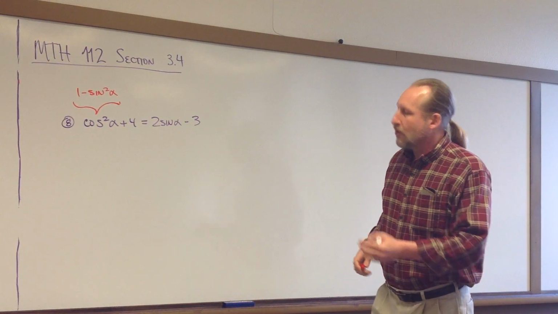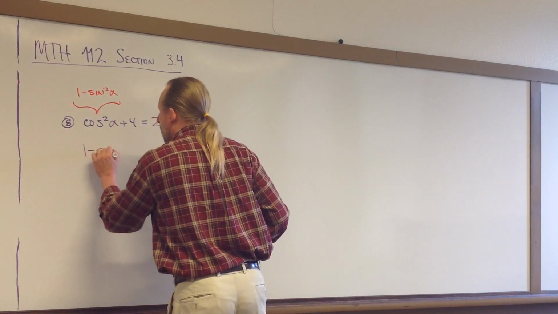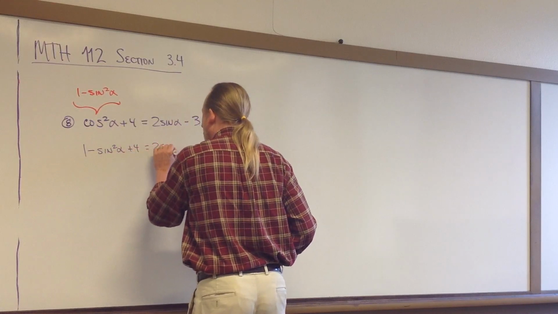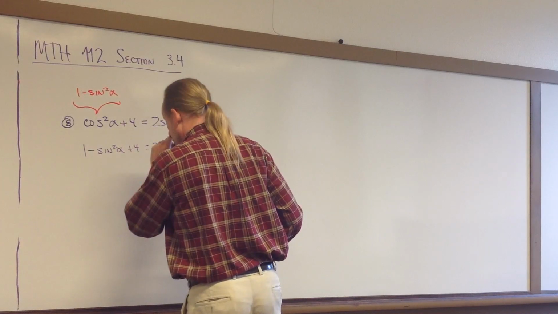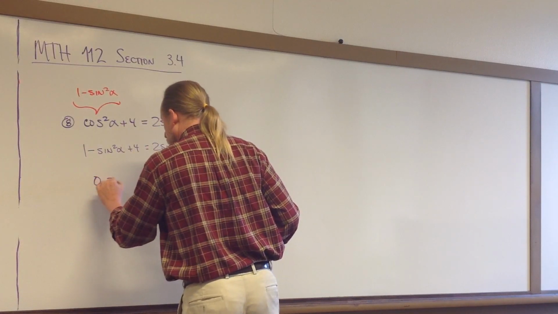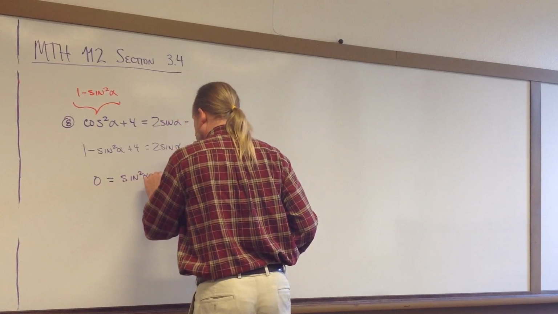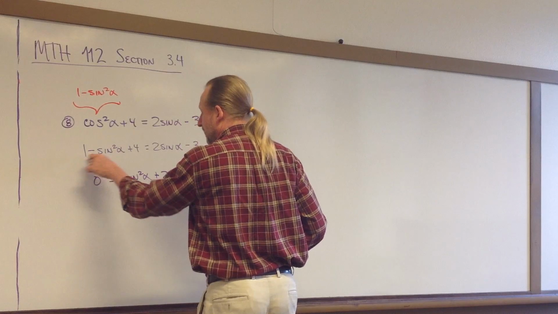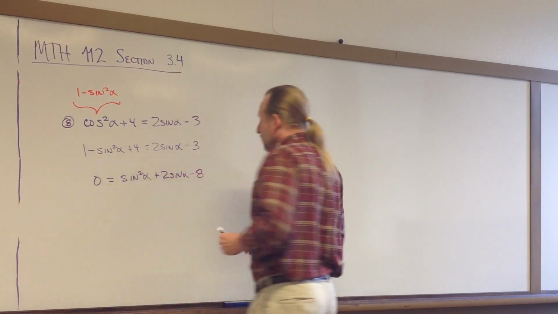But what we can do is replace that cosine squared with 1 minus sine squared, and then collect everything on one side. So this will be sine squared alpha plus 2 sine of alpha. 1 and 4 make 5, subtract that over here, and that'll be minus 8.